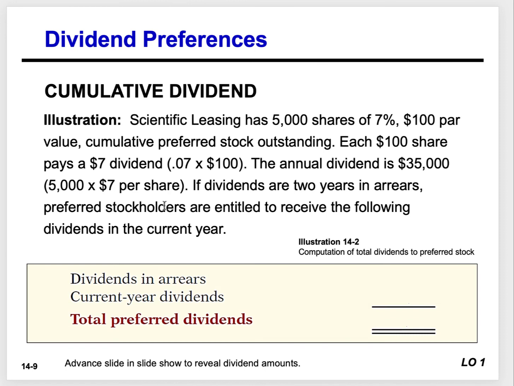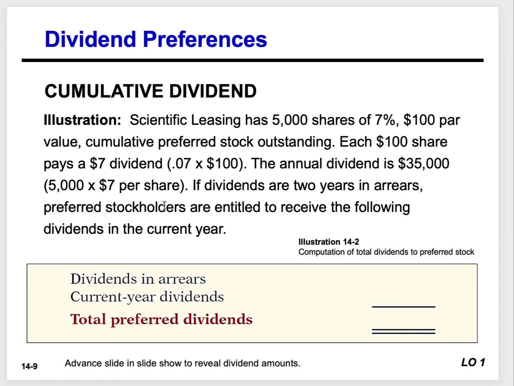Okay, so let's look at an example of cumulative dividends. Let's say that Scientific Leasing has 5,000 shares of 7%, $100 par value cumulative stock outstanding. What does that mean? That means that each $100 share pays a $7 dividend. How did I figure that out?